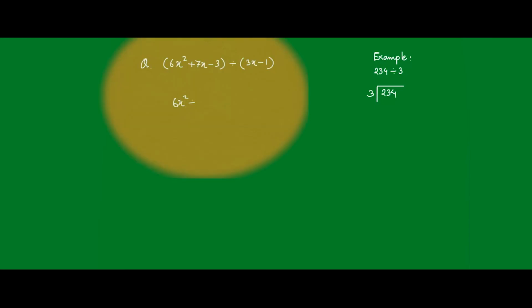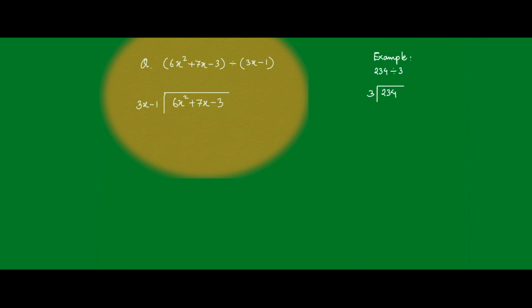So the dividend here is 6x squared plus 7x minus 3, and this is being divided by our divisor here, 3x minus 1.